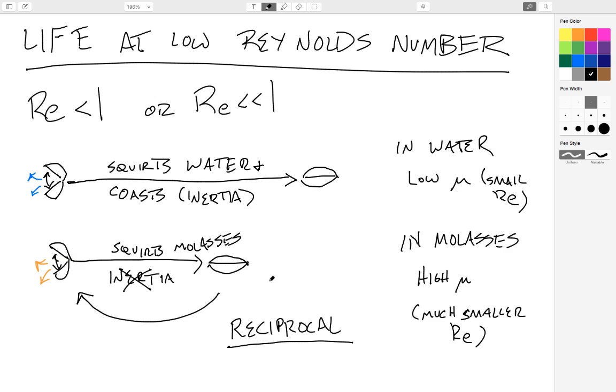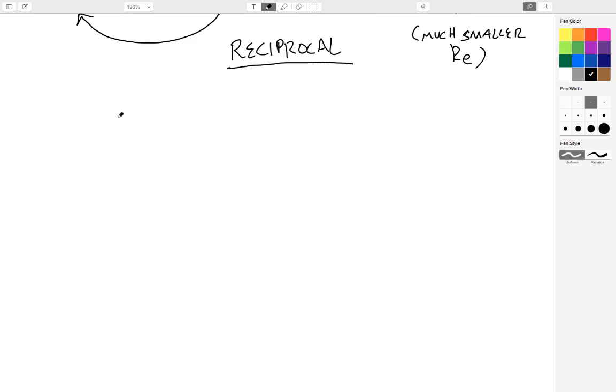So this is why, in fact, bacteria don't look like scallops. Bacteria typically have flagella that move in a corkscrew-like motion, and this gives the bacteria a non-reciprocal propulsion method, and as a result they can move forward.